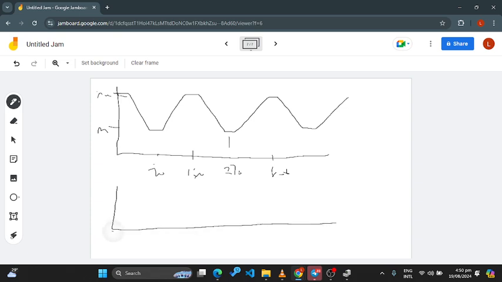So the current will be minimum or maybe zero until the rising phase of the inductor. Then the current is going to rise, then stay constant until you reach the maximum.